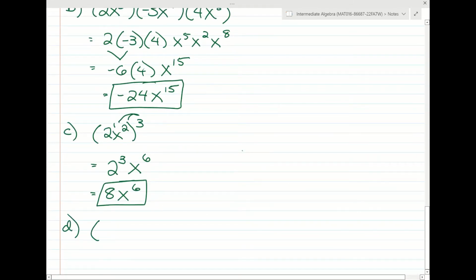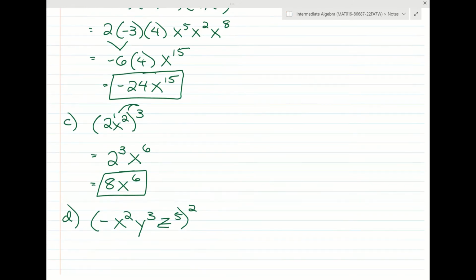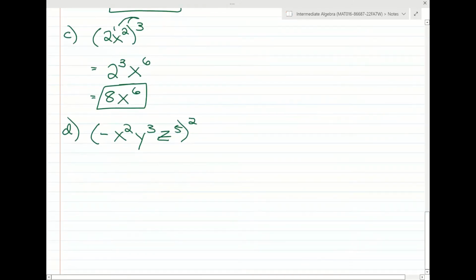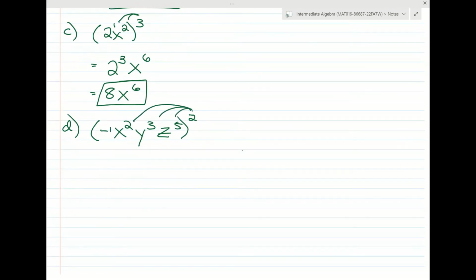All right, one a little more complicated: negative x to the second, y to the third, z to the fifth, all to the second. Same idea as the last one, we're going to distribute this power, but this is really a negative 1 in front. So we're going to square that as well.